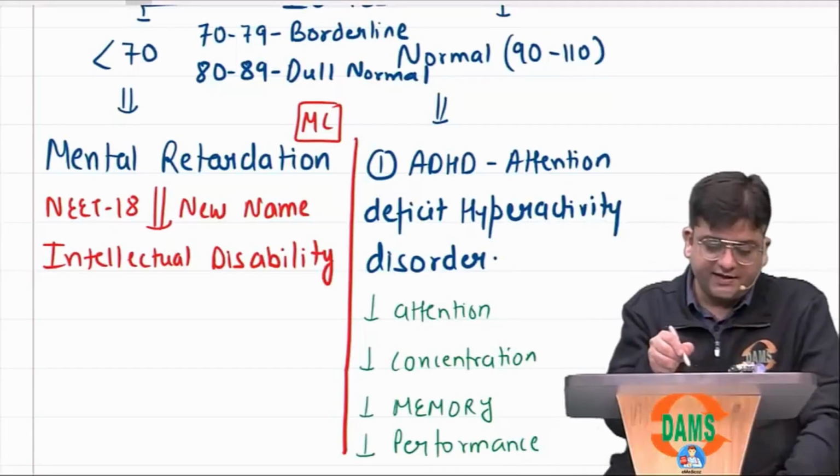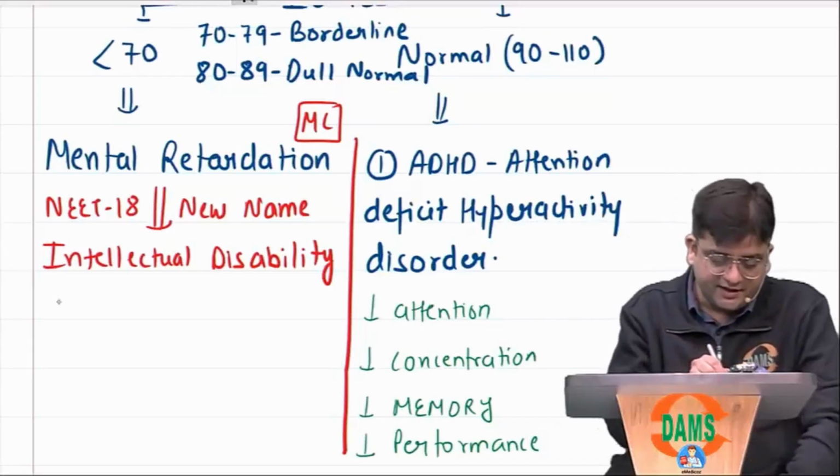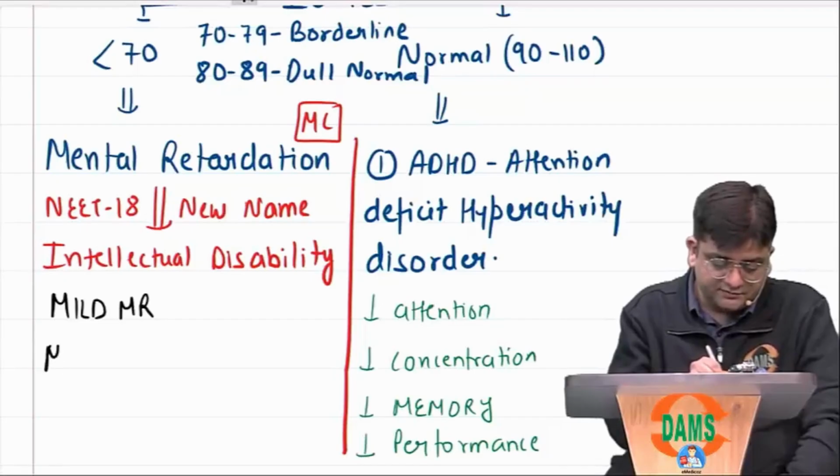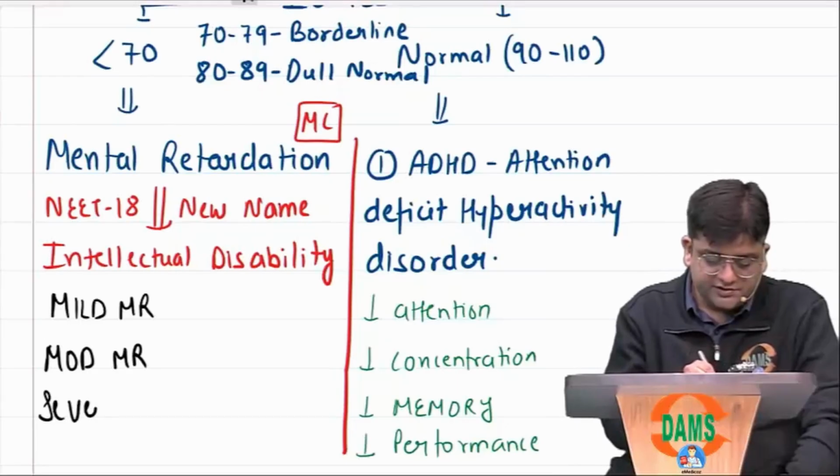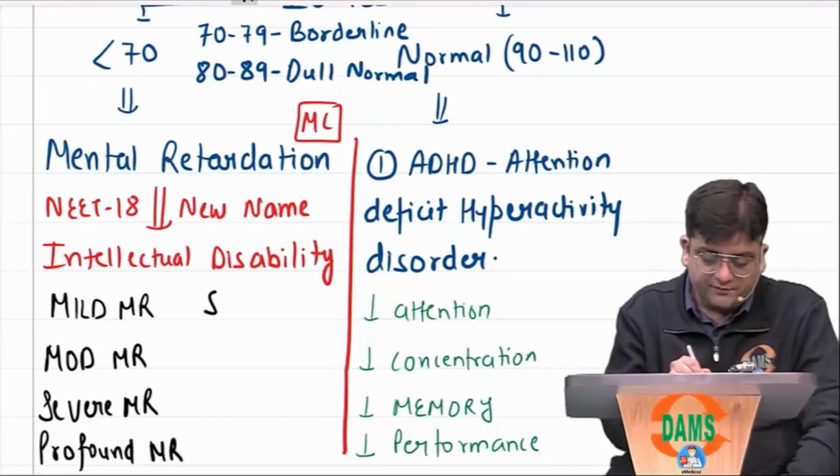Like mental retardation is defined as IQ less than 70, there must be something called mild MR, moderate MR, severe MR, profound MR. Mild MR is IQ 50 to 69.